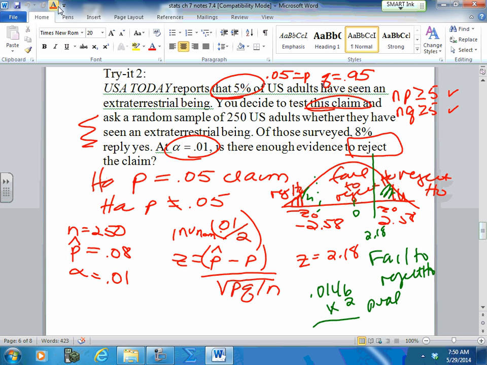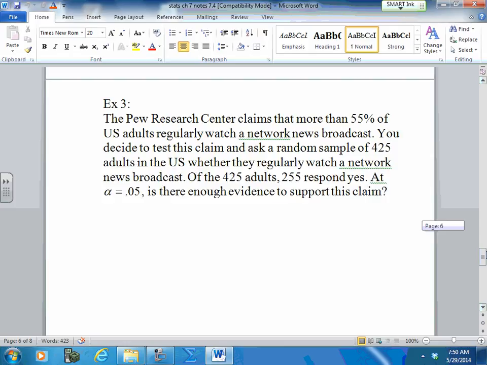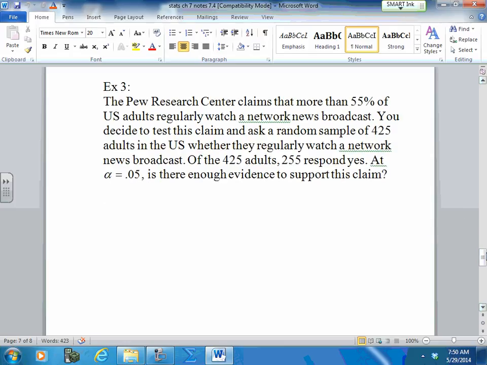Okay? And we're going to hit one more, a more than, and then you should be good. The Pew Research Center claims that more than, greater than, here's the claim, 55% proportion of U.S. adults regularly watch a network news broadcast.